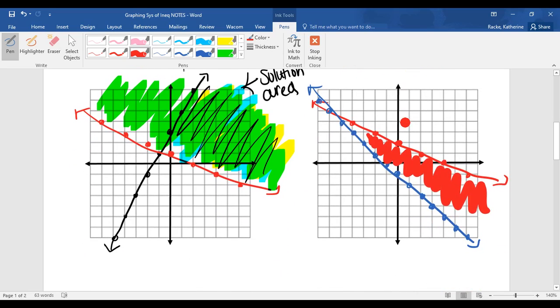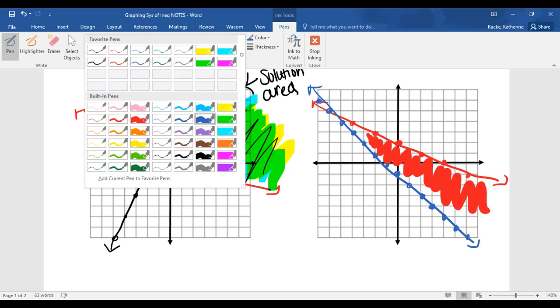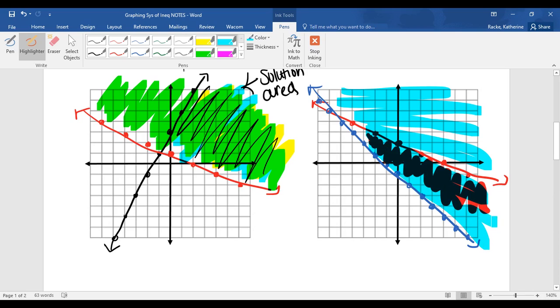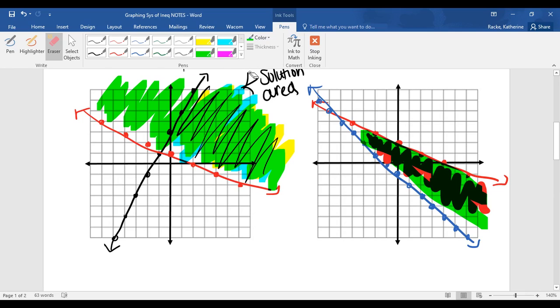So because it's greater than, I am going to go above. So because it is above, that would be all of this area here. So in this intersection here where they are both meeting, these are our possible solutions right in between the two lines, okay? So we're not too worried about this upper part here, just more so where they are both at, okay? So that's our solution area within there.